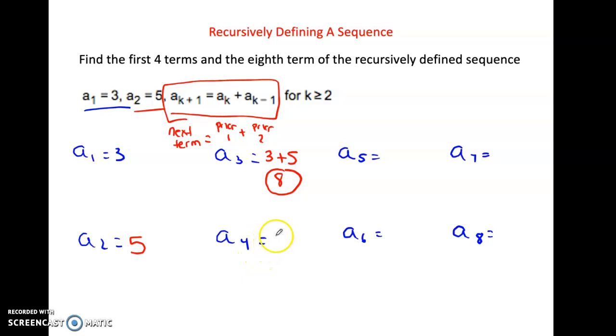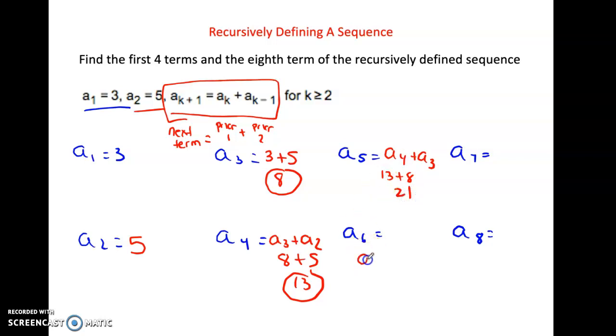A sub 4 is going to be a sub 3 plus a sub 2, which is 8 plus 5, which is 13. A sub 5 is a sub 4 plus a sub 3. So that's 13 plus 8, which is 21.